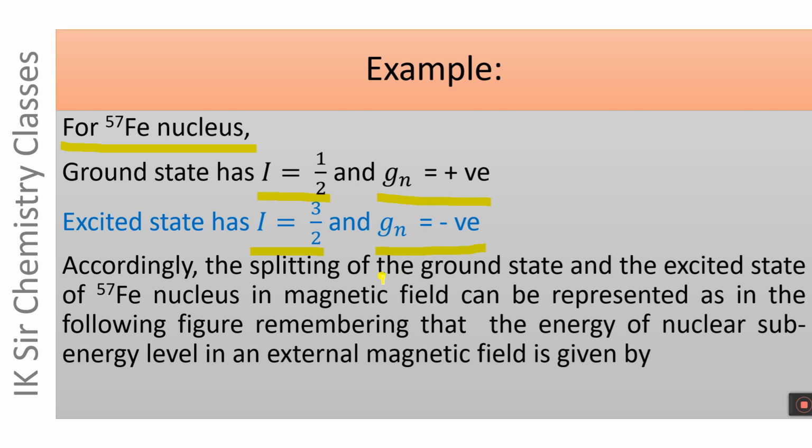Accordingly, the splitting of the ground state and the excited state of Fe57 nucleus in magnetic field can be represented as in the following figure.